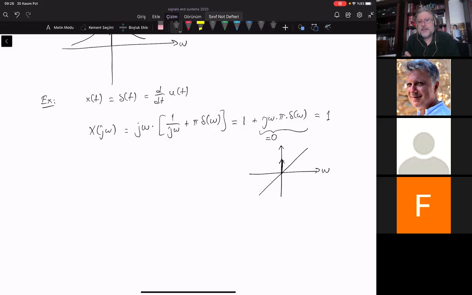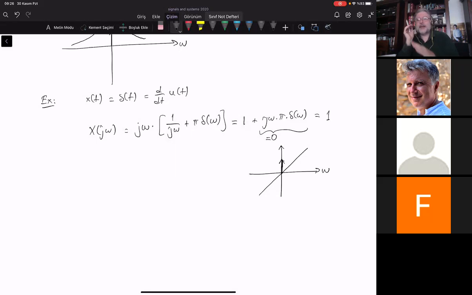For instance, if I don't use delta omega, but if I use, for instance, delta omega minus 1, then it would be j times pi times delta omega minus 1. So it won't be any value anymore. It will correspond to an impulse.